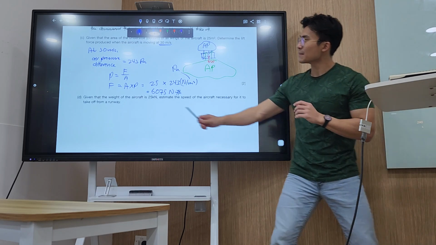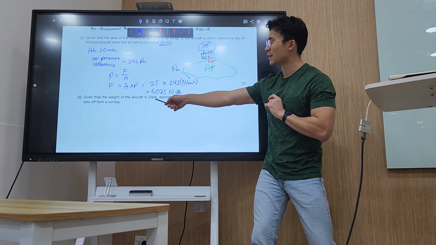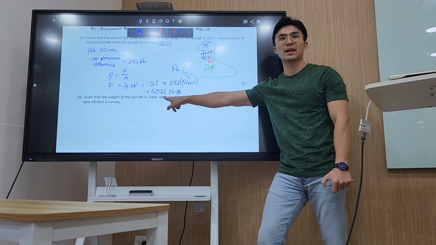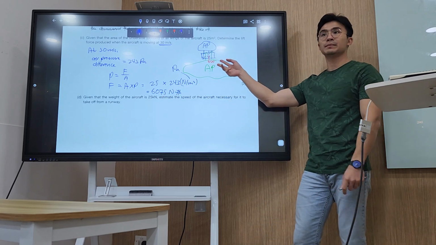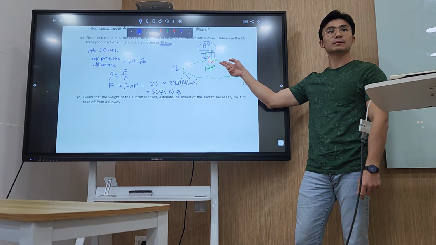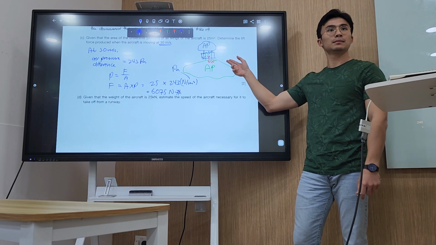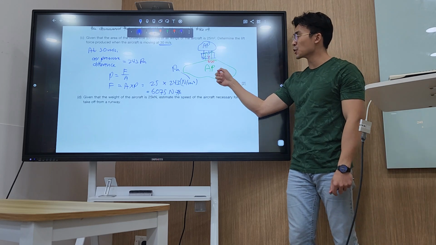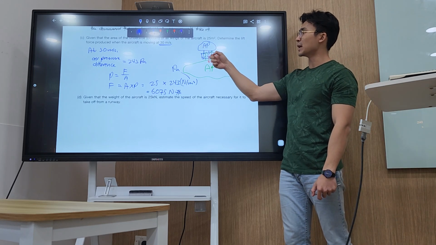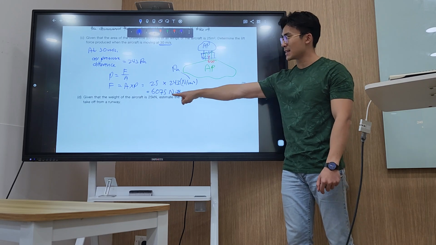Then they say the weight of the aircraft is 25 kilonewtons. What is this 6075, in terms of the arrows here, where green is your upward, blue is your downward, and red is your weight?